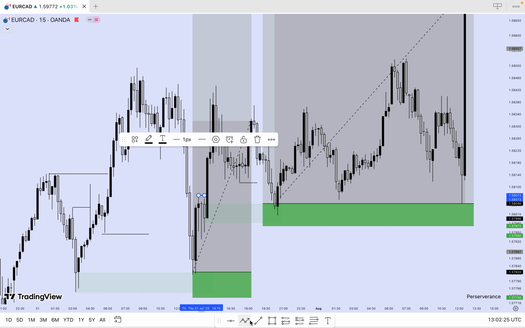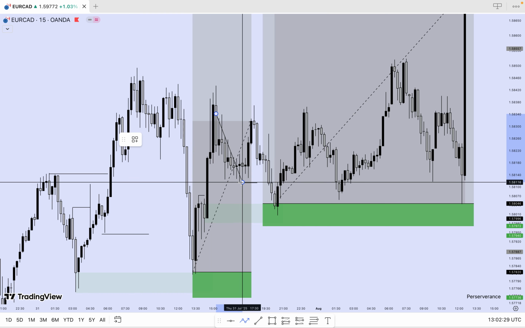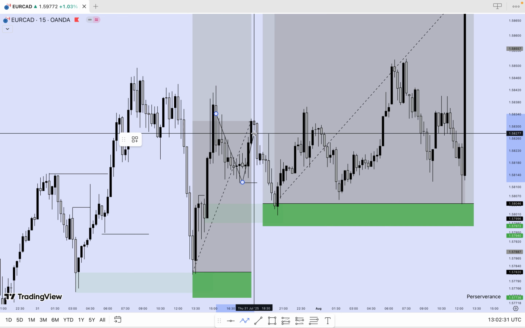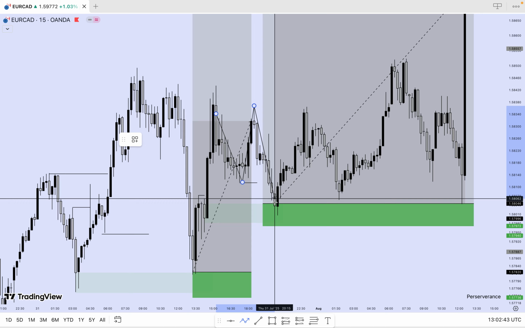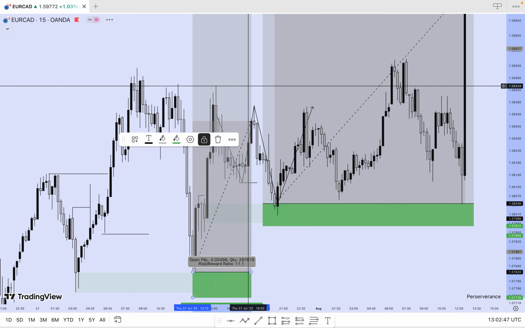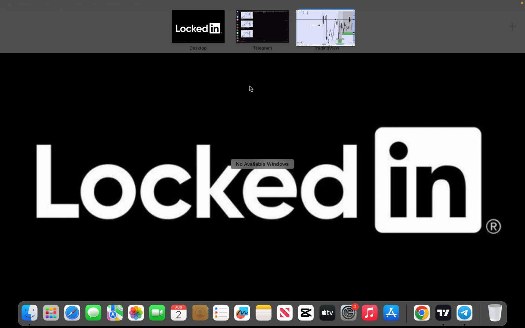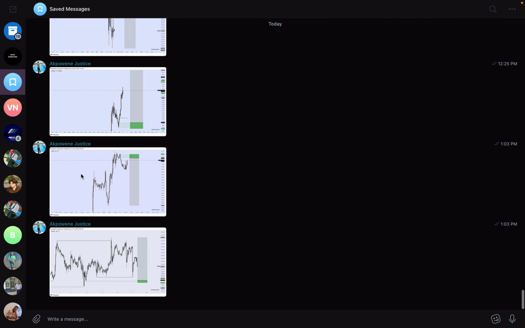The first pullback, which is this guy here, is the inducement, right? And the market actually traded up again close to this previous high that caused the inducement before coming back down to pick this unmitigated order block and push it back up. So let me show you the before of that particular trade.